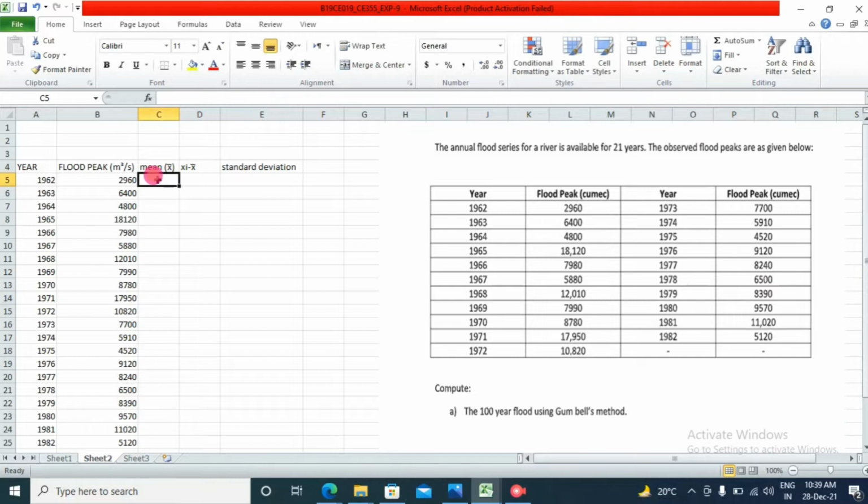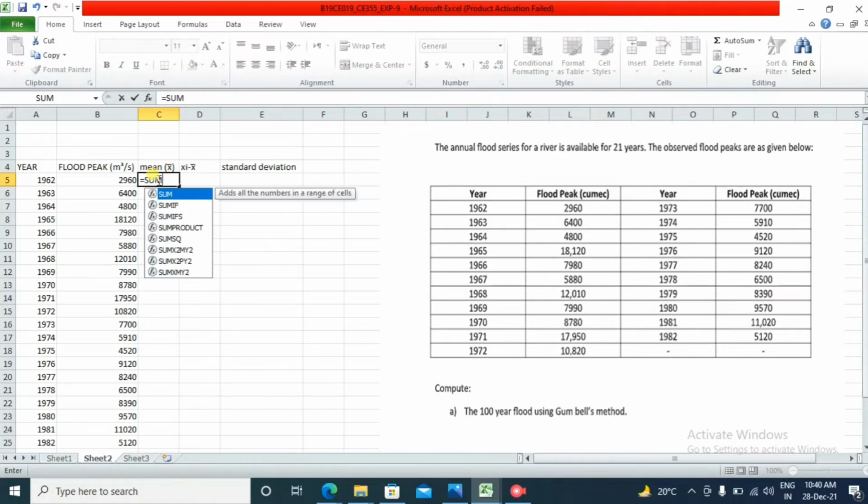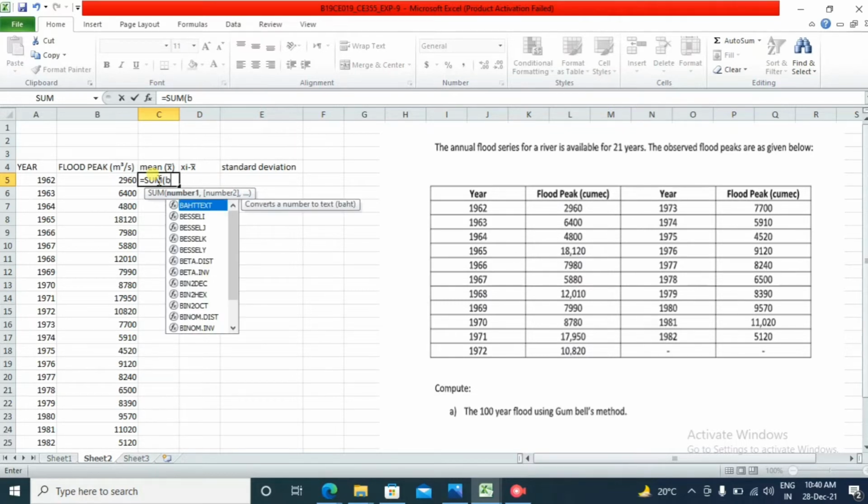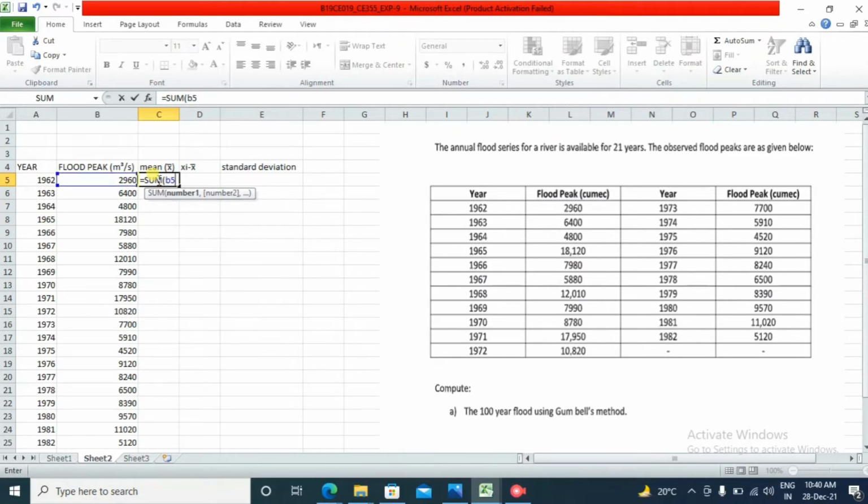So how will we calculate the mean x bar with the help of Excel? We put the equal to sign, then sum, bracket, from B5 to B25. And how much data do we have?